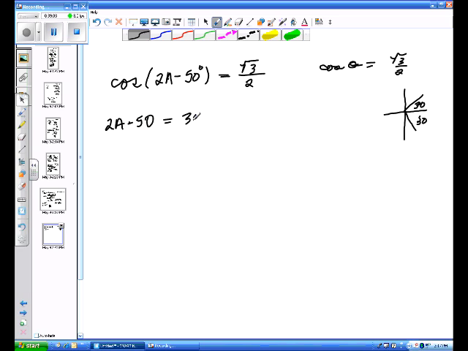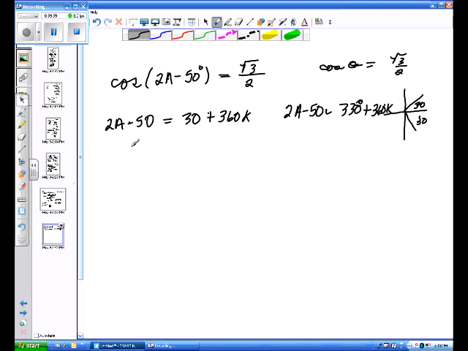So what we do is we set 2a minus 50 equal to 30 degrees, and we're going to give all of the values. So that would be plus our 360k, or 2a minus 50 equals 330 degrees plus 360k, so that we get all of our values, not just between 0 and 360.